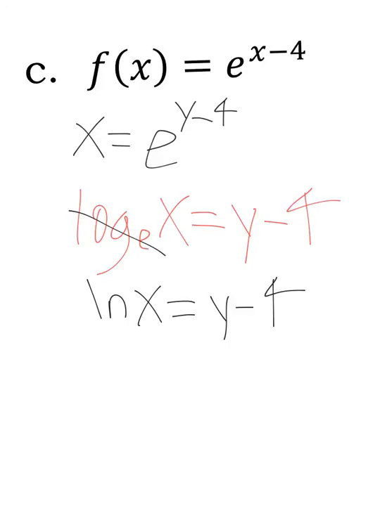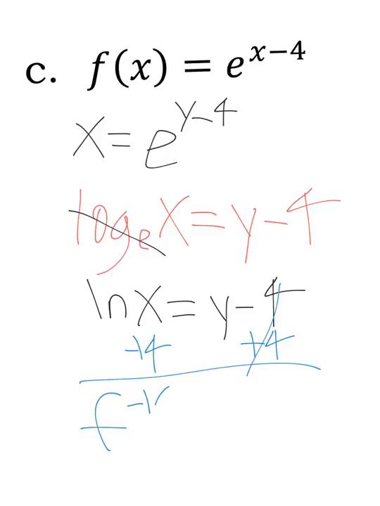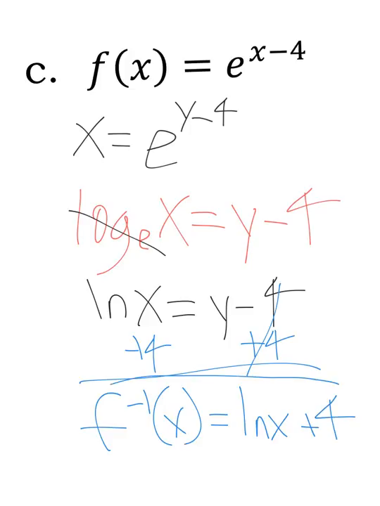Just plus 4 to the other side. So the final answer here is y equals, once you get into y equals, you can change it to f of negative 1, equals ln x plus 4. And that's it. So if you think about it, this problem looks really weird, but the process was really short.